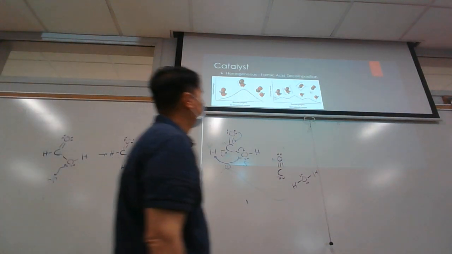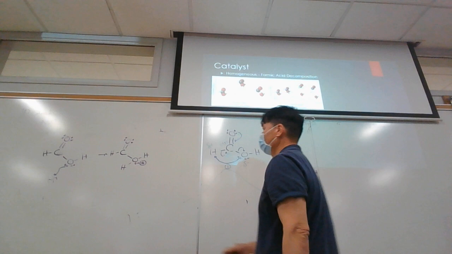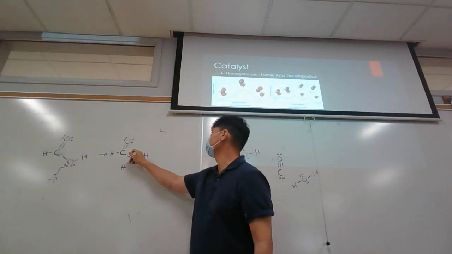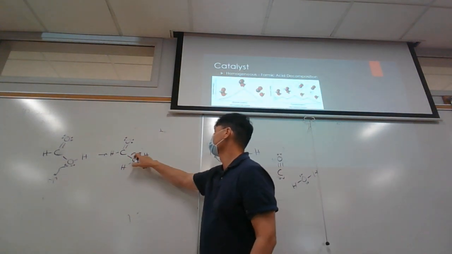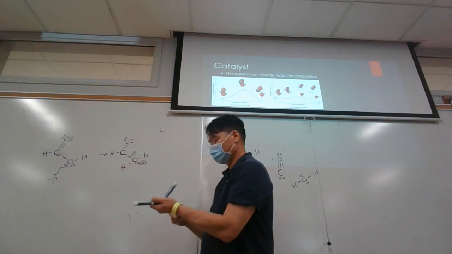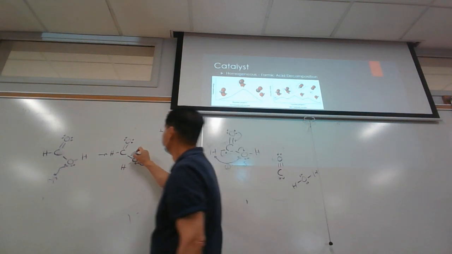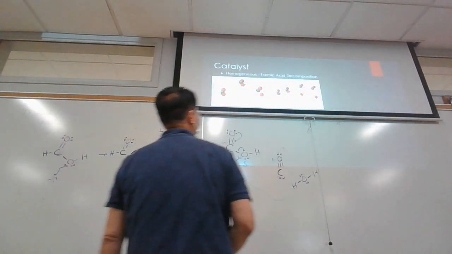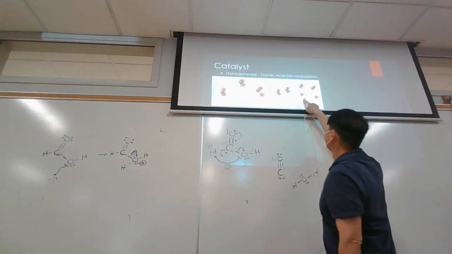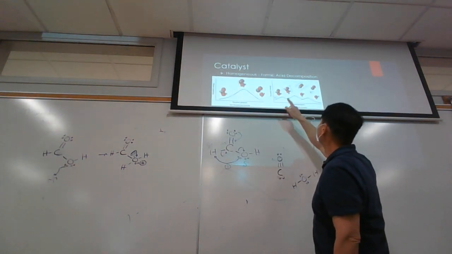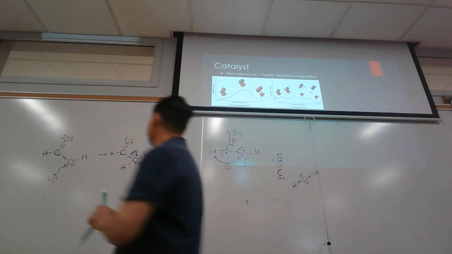So what we're going to do here is this oxygen is going to just take the electrons from the bond, like that. Okay, so we end up forming a water and this HCO species here.